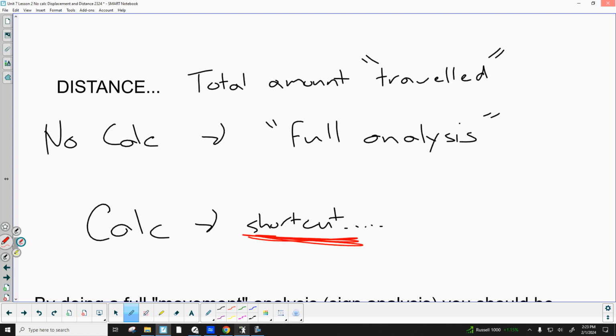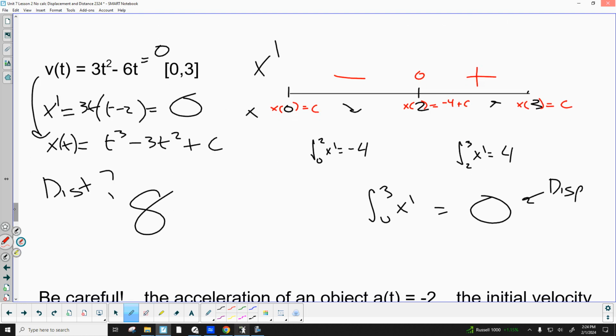With no calculator, we've got to do a full motion analysis, a full derivative analysis. Now, the shortcut comes from what you did to find the distance. You took your negative displacements, pay attention, and you made them positive. It's like you were thinking about only moving to the right.